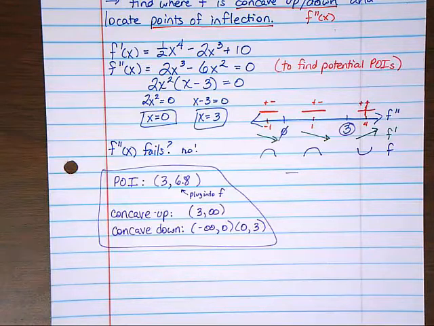Okay, what would happen if they were points of inflection? How would you know? Like up there on the one that we did, one was not. Jimena, tell me, how do you know? The signs would change. The signs of what would change? F double prime. Thank you. Very good. If the signs of f double prime change, it's going to be a point of inflection. Does that make sense? Okay.